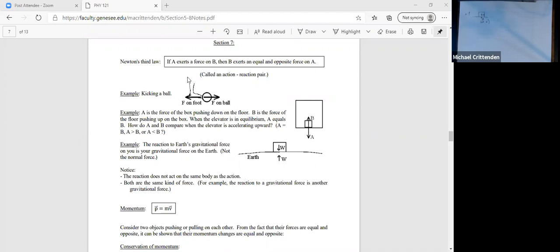Rather, let's go back up here to where it says the third law. My weight comes from the Earth. That's the Earth pulling on me. So if the Earth exerts a force on me, then I exert an equal and opposite force on the Earth.